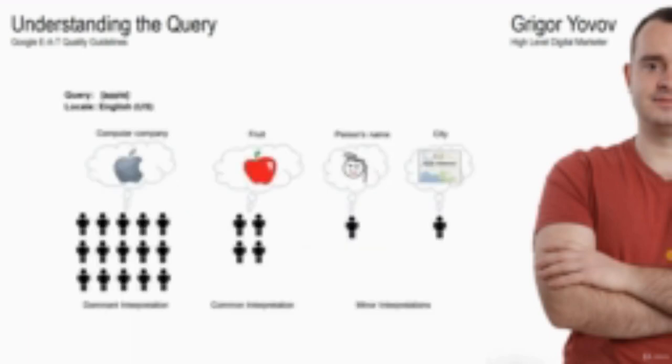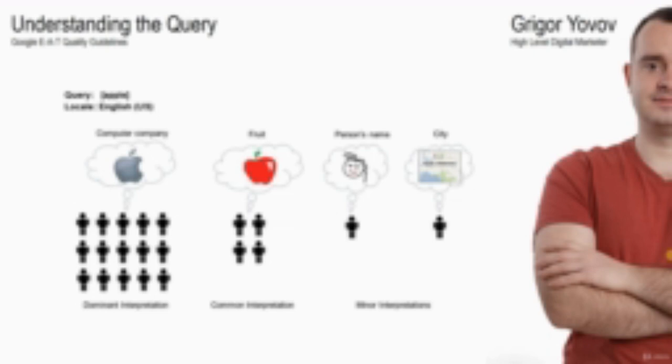Also, we have examples with words that have a double meaning. In this case, we have Apple, which means the computer company and the fruit at the same time. Also, there is obviously a person's name and a city in Oklahoma.